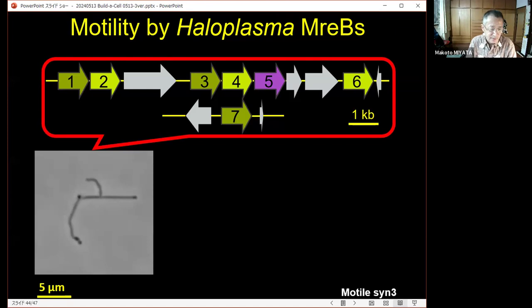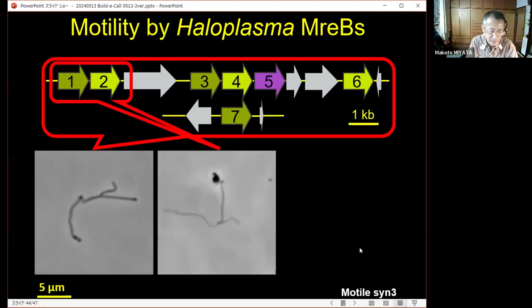Interestingly, when we expressed the 7 MreB proteins, they gave a very strange, interesting motility. This is also a real-time video.